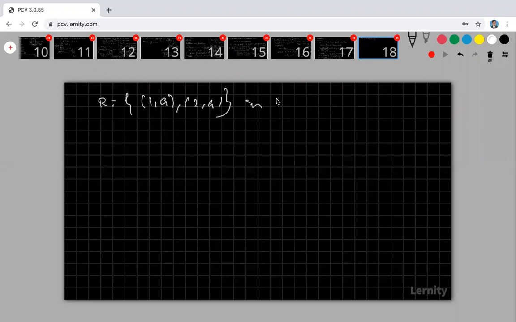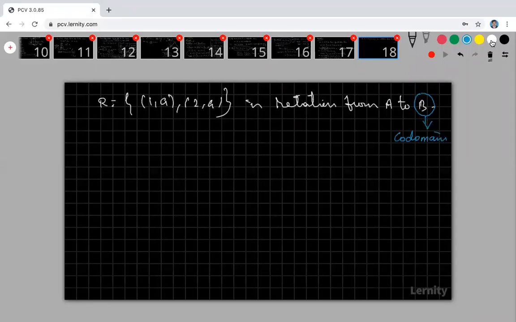R is a relation from A to B. Right, now how to find the domain and range of the relation, sir? Look at that. My relation is defined from A to B. The second set is called the codomain of R.